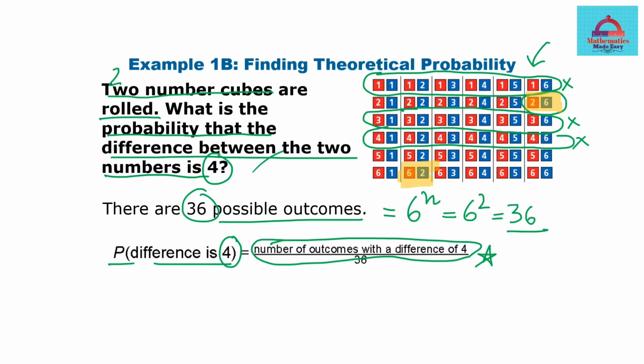This looks like a good combination because 5 minus 1 is difference of 4. And now if you go back to your first row, here also 1 comma 5, this is opposite. That means these two are again my favorable outcomes. Sorry, we missed out on this one. So 1 comma 5 and 5 comma 1, these are also going to be favorable outcomes.